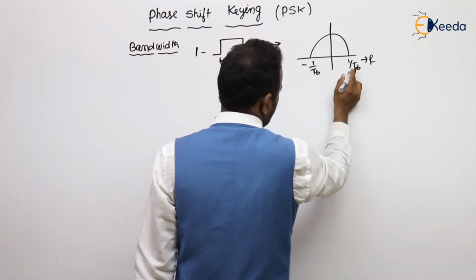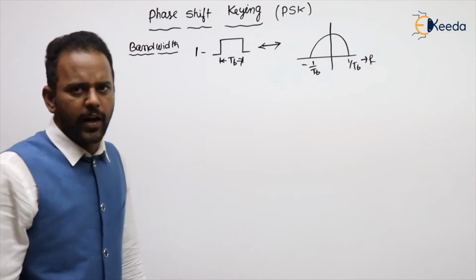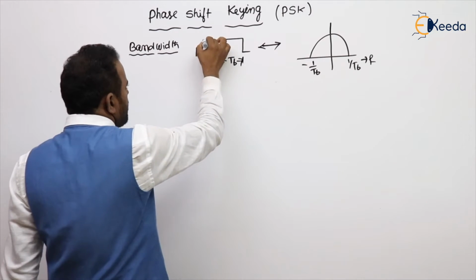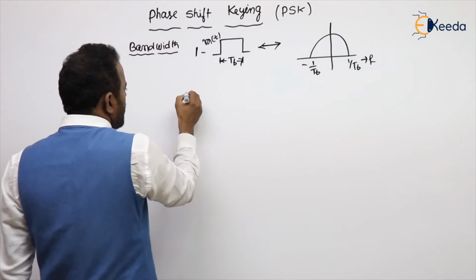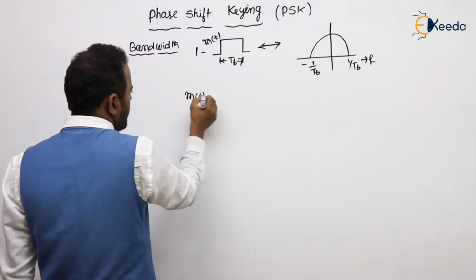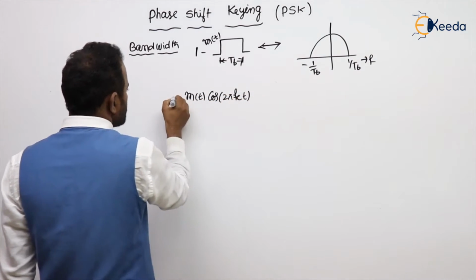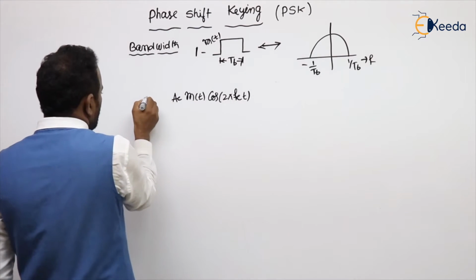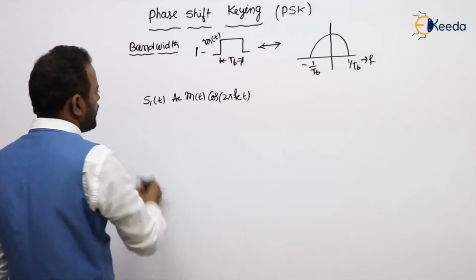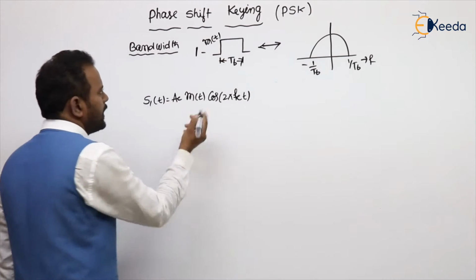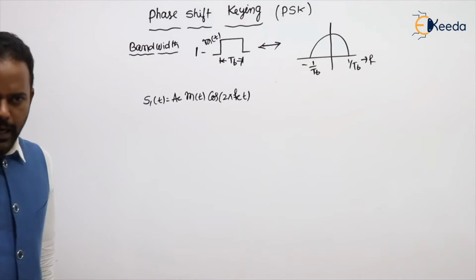Anyhow, low frequency, we cannot directly radiate, that we already know. So this is m(t). What we are doing, this m(t) is multiplied with cos 2π fc t. Of course, Ac cos 2π fc t, which is nothing but S1(t). S2(t) is also the same, but this will be the negative pulse.